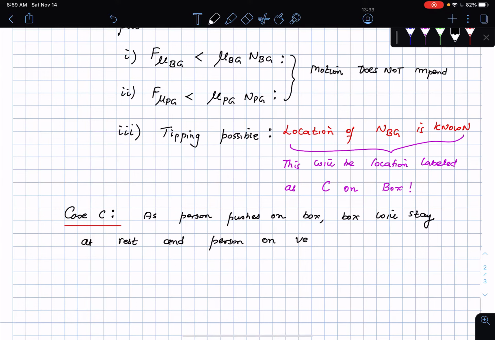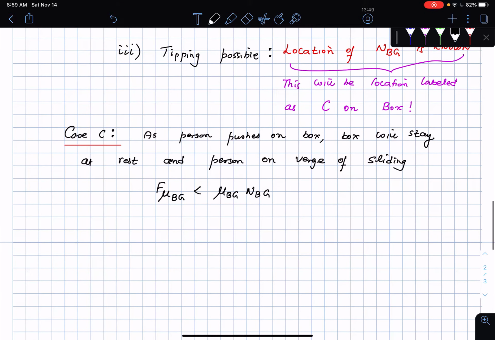Person on the verge of sliding. Okay, which means that in this case I'm going to have f for bg less than mu bg times nbg, f for pg equal to mu pg times npg, and the location of npg is not known. Okay, this is the third case.